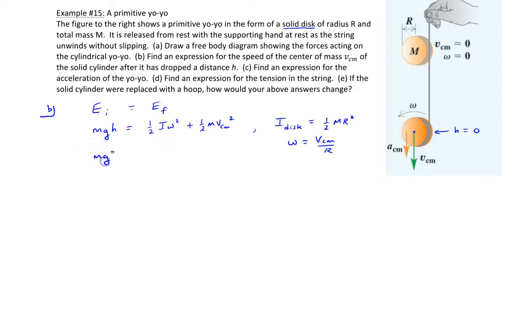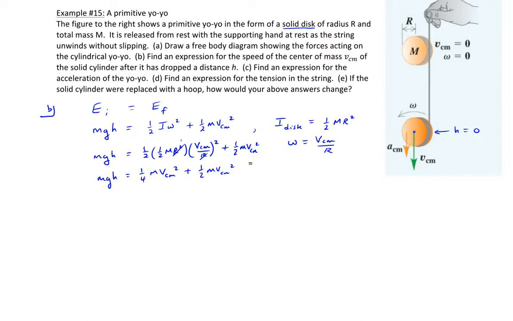So let's replace these two into here and here. We get mgh equals 1/2 times 1/2 mr squared, and then the angular velocity replaced with the velocity of the center mass divided by r, quantity squared, plus 1/2 m v center mass squared. If you simplify this, you'll have a 1/4 m, and then the r squared here will cancel with the r squared from over here, so you'll really get 1/4 mv squared plus 1/2 m v center mass squared.